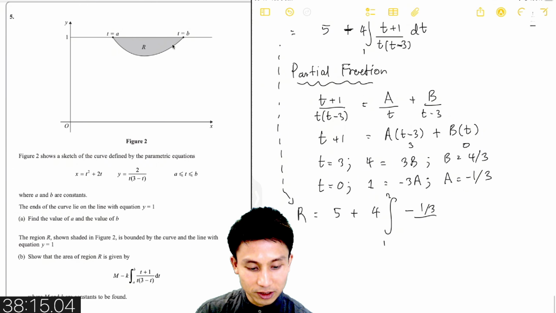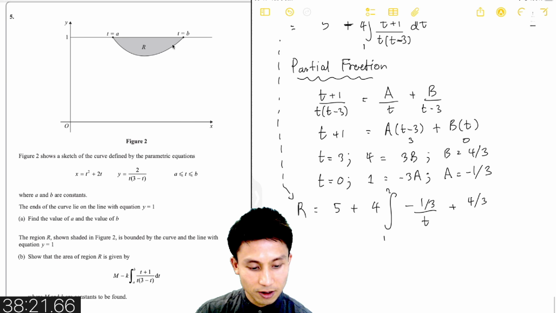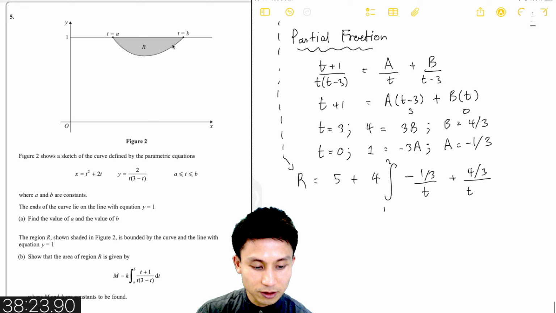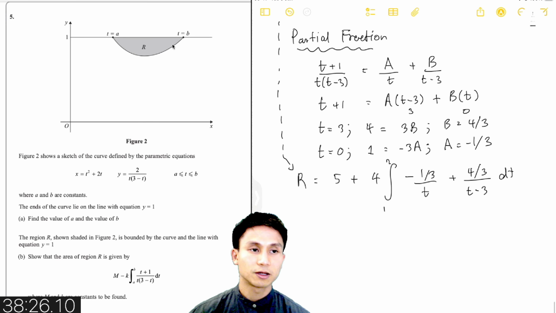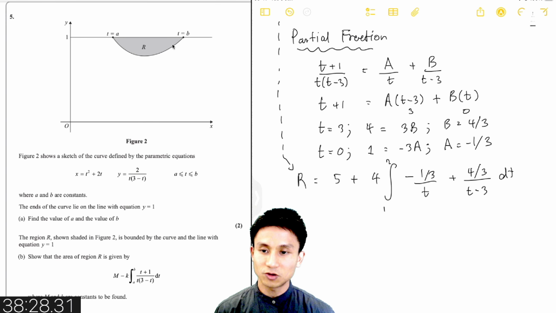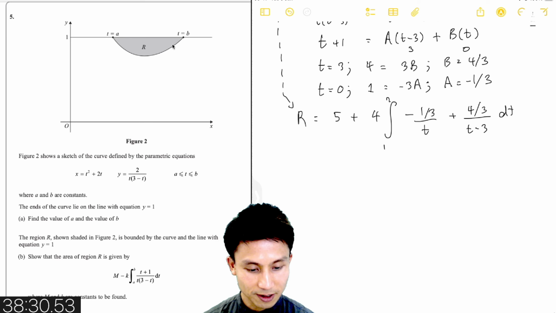Of t, just one t. And then b would be plus 4 over 3, right? Of t minus 3 dt.